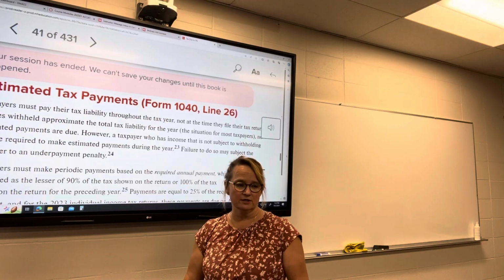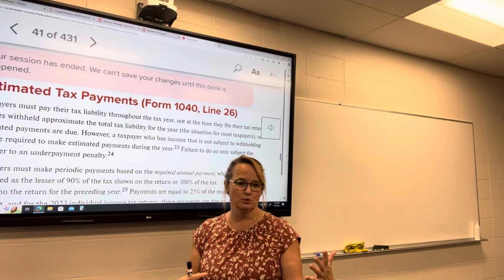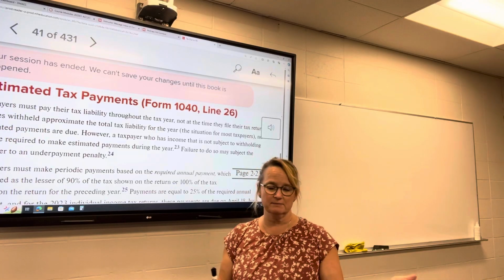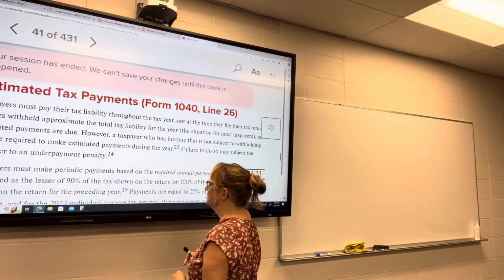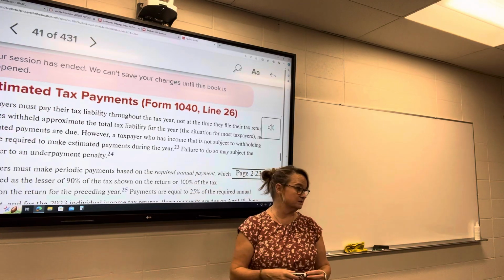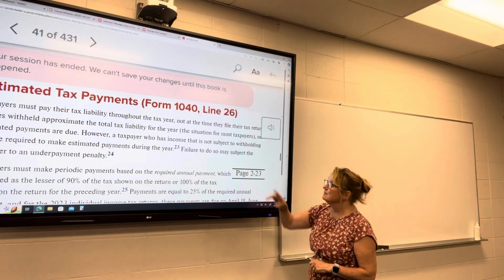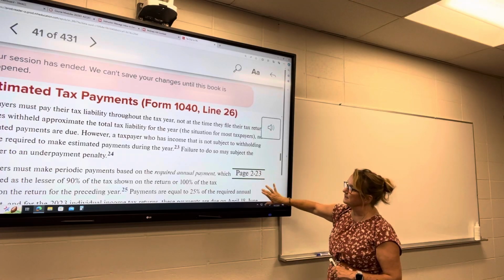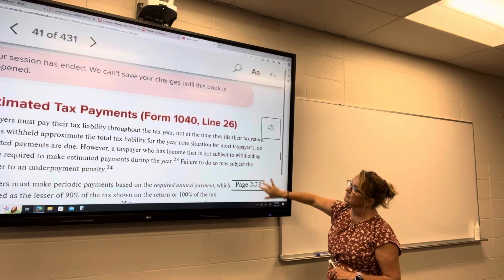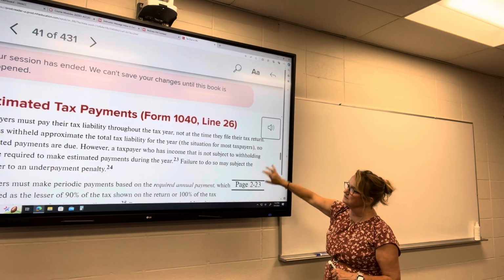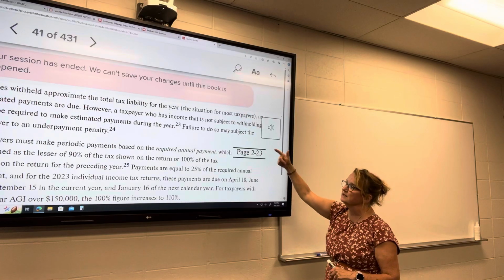They have income that is not subject to withholding, so they have to make those estimated payments throughout the year, four of them, or sometimes retirees as well. Those are the most common times when somebody makes estimated payments, but those are also included in these payment amounts, so the withholding as well as the estimated.